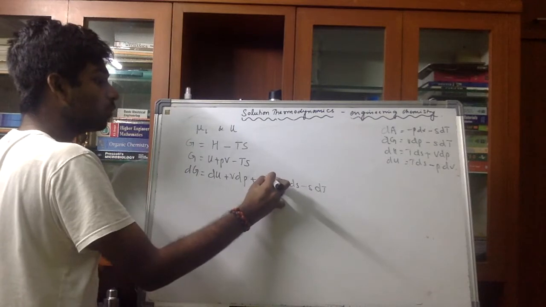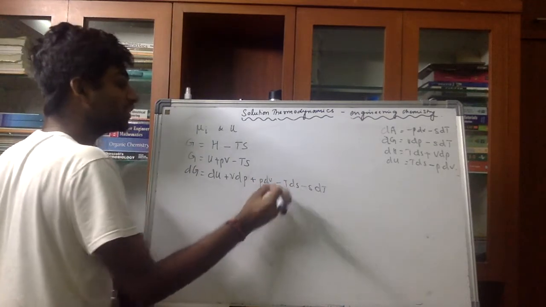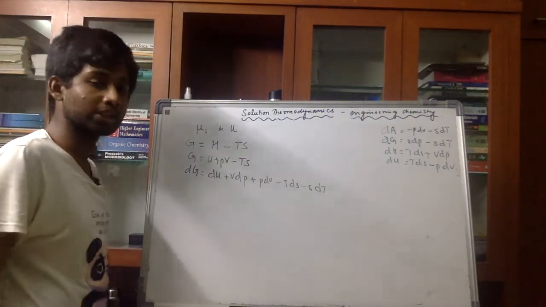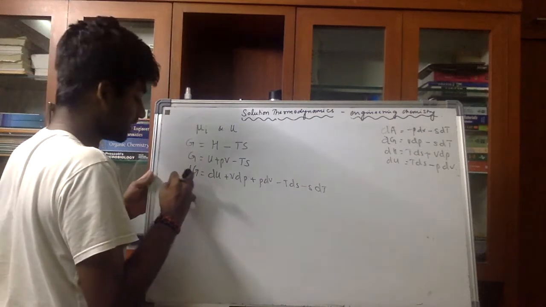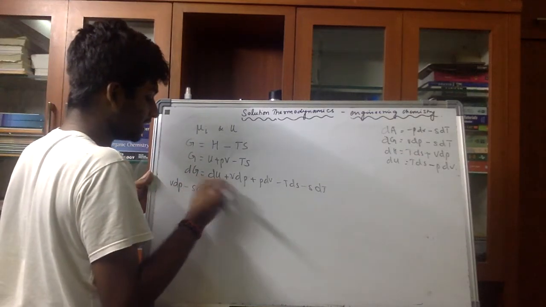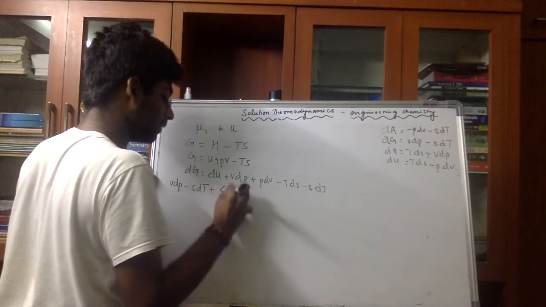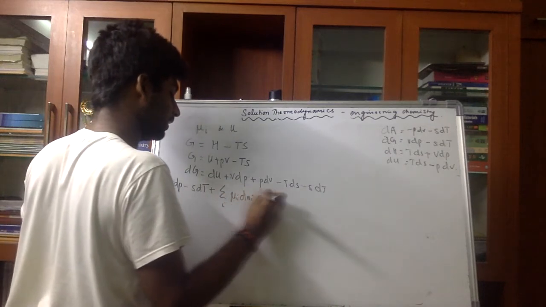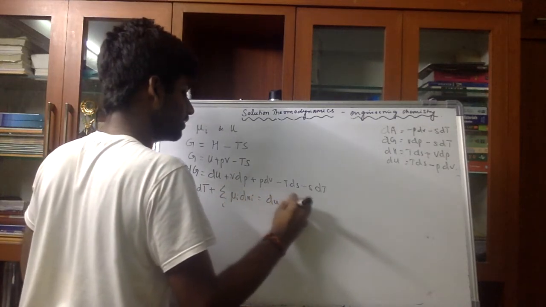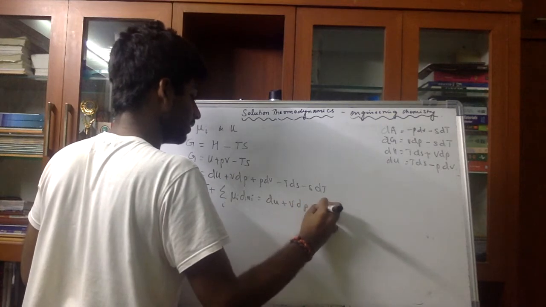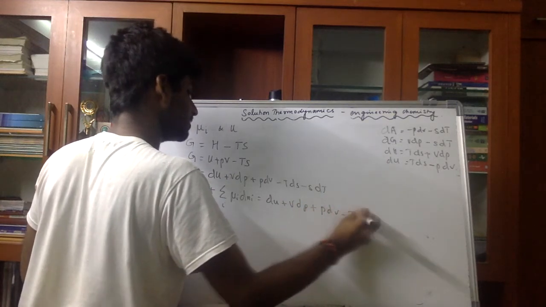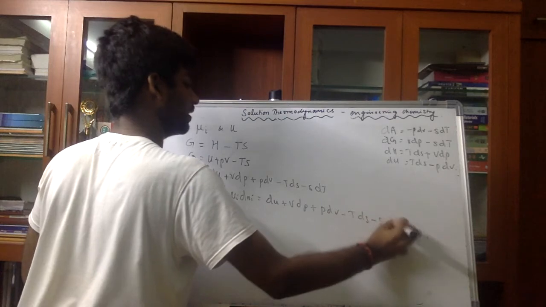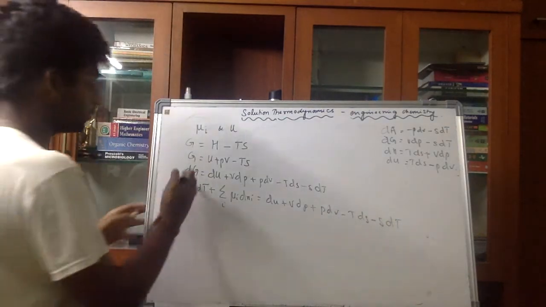So now we know what the formula is for dG with respect to your fundamental property equation, right? It is VdP minus SdT plus sigma mu_i dn_i, and that is equal to dU plus VdP plus PdV minus TdS minus SdT. So now cancel the common factors.